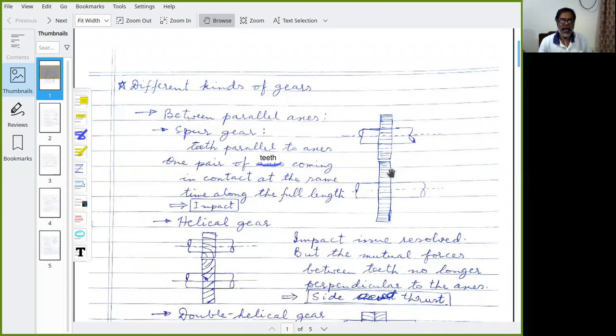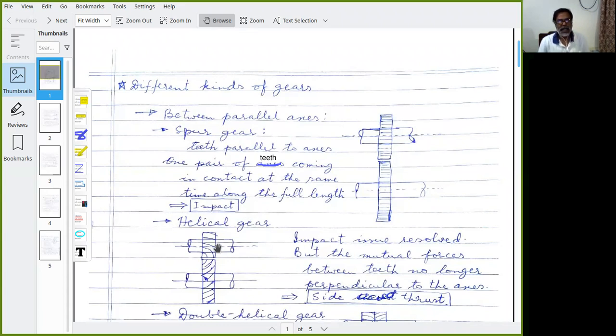So that means the entire load that is to come on the tooth of the driven gear comes all at the same time. So that is impact load. So you would not like that to happen.